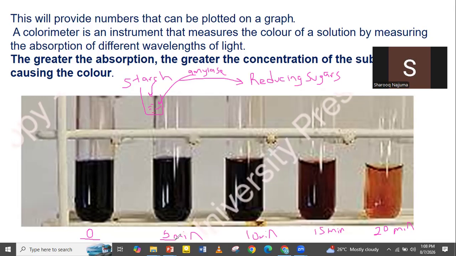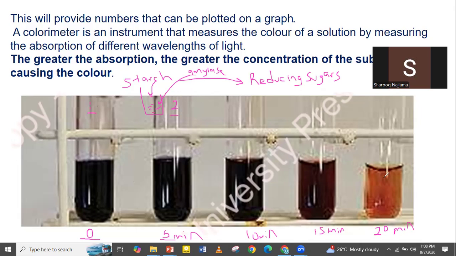The calorimeter will be able to detect even the smallest differences in concentration of the substance causing the color. You'll find that the amount of starch in test tube 1 is not the same as in test tube 2, but if you just use your eyes, you cannot identify that. However, a calorimeter will be able to identify the difference. How? The absorbance it gives you in test tube 1 will obviously not be the same as in test tube 2.